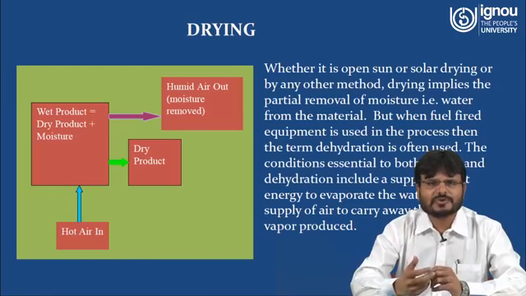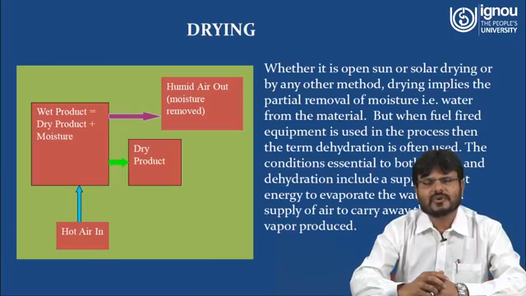So what you have to do is extract the moisture from that particular crop or chemical. Air is flown inside the chamber, and this hot air comes in contact with the crop. The moisture is extracted in the form of humid air going out, and whatever is left is the dry product. So this is the objective of drying.